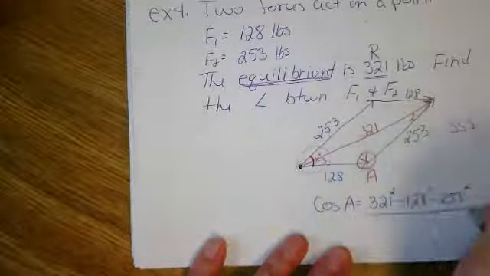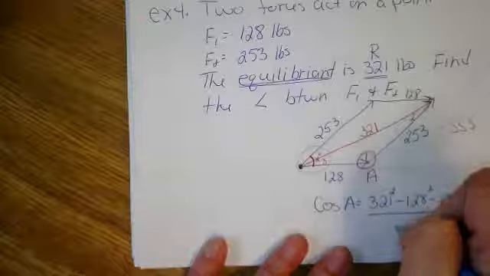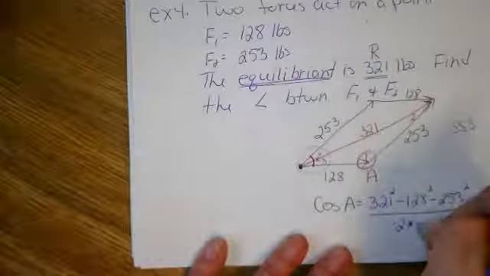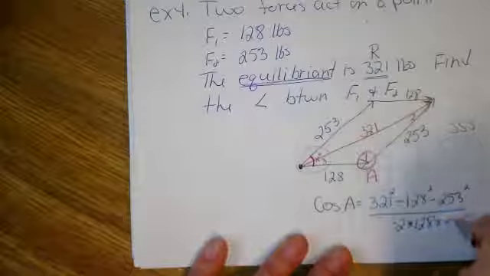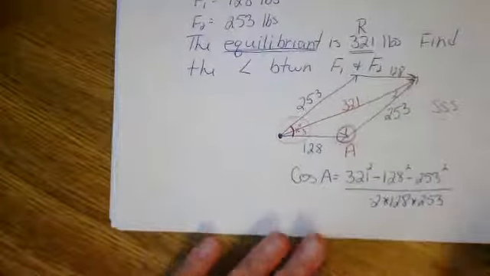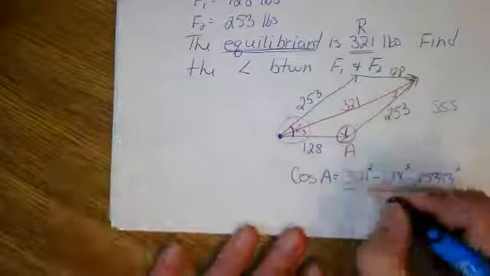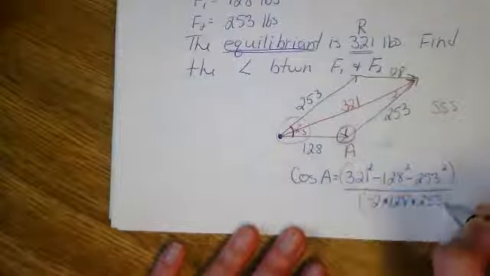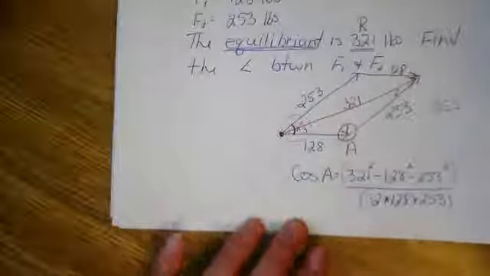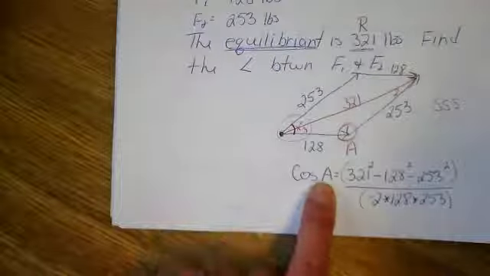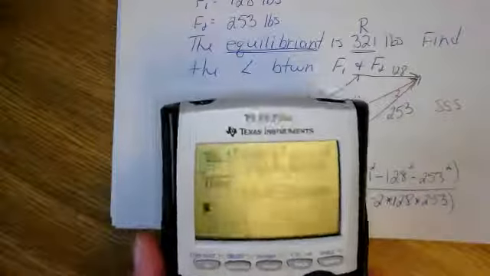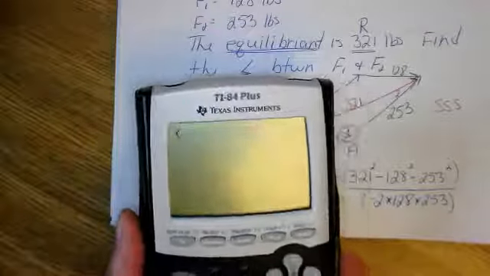Then you divide by a negative 2 multiplied by the two sides that were subtracted, 128 times 253. So at this point, remember to use parentheses around the numerator and around the denominator. Then you can type that all in one line, and then inverse cosine to actually get the angle, because this will be a decimal in the end here, hopefully. So let's see how I do.